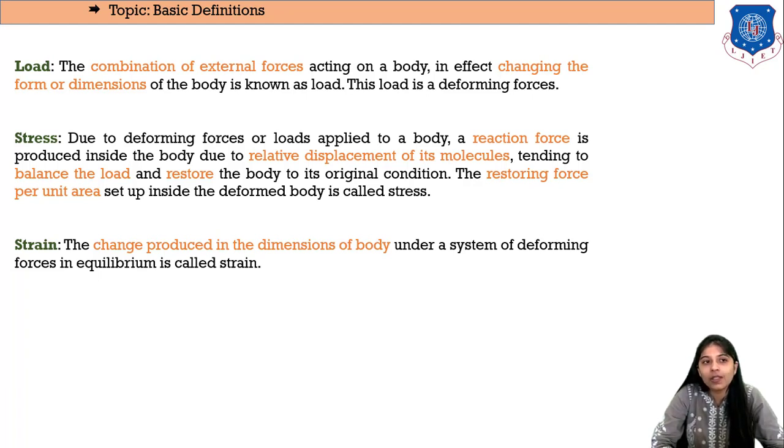These parameters are very important to determine the elastic properties of a body. They determine how the material behaves. We can determine how the material behaves under various load conditions, various environmental and physical conditions with the help of these parameters. Let me give you an example.